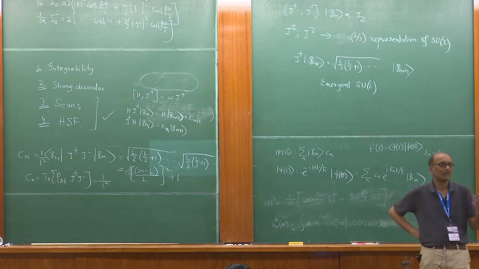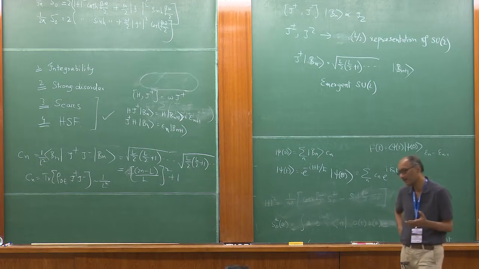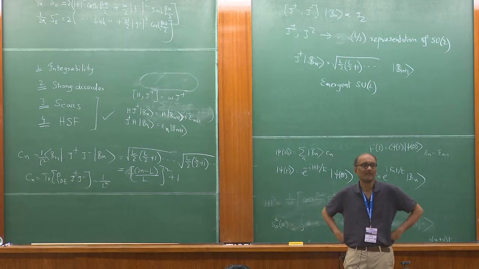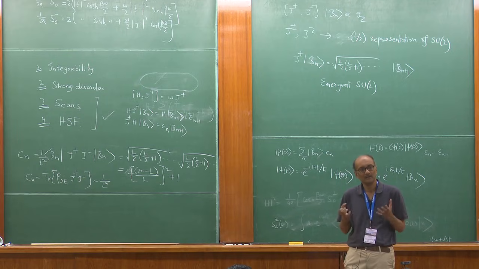But Sanjay and others have a very nice review article where they have thought about a systematic way of constructing these many-body scars and embedding them in an eigenstate of a given Hamiltonian.